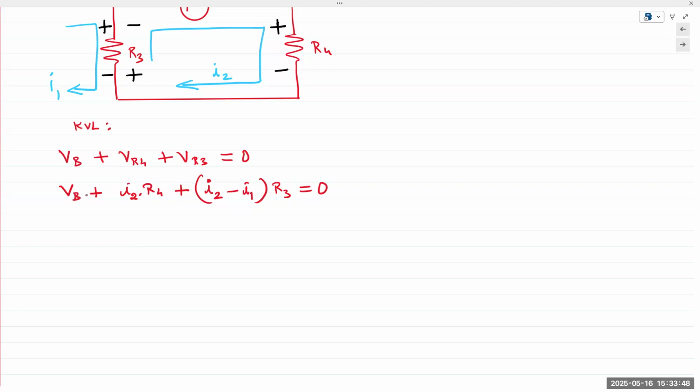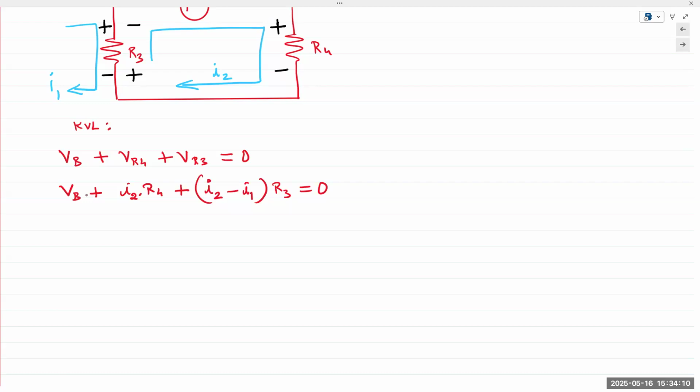In the first one, what do you see? Very similar, but the only difference is, yep, because you're applying KVL in mesh 2 and not mesh 1.